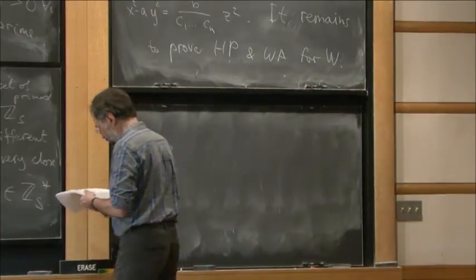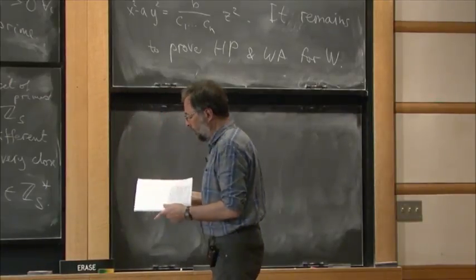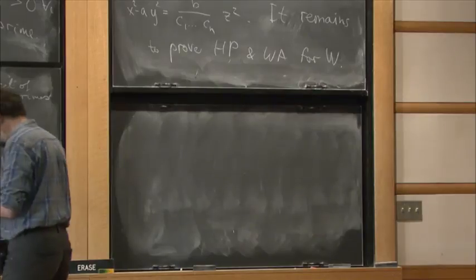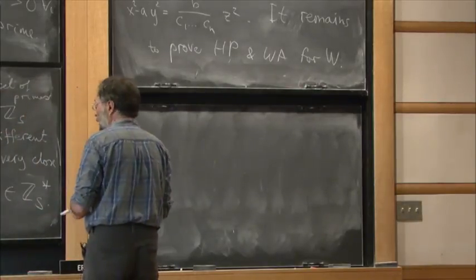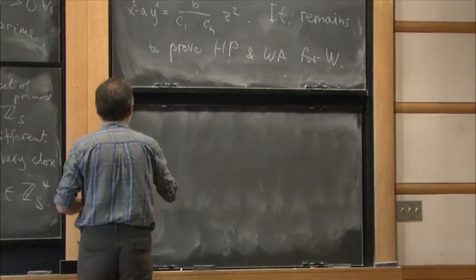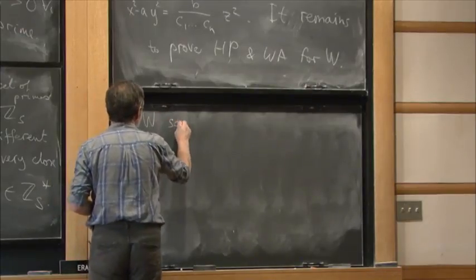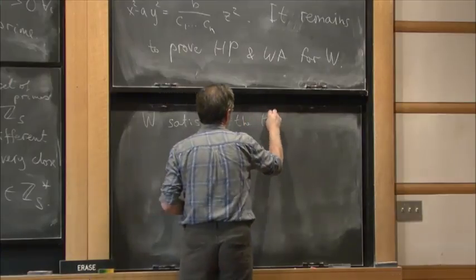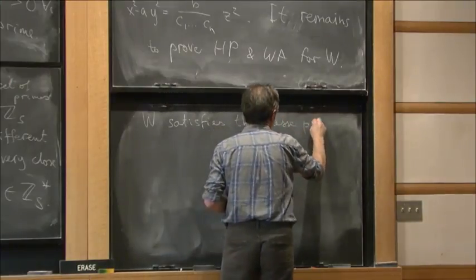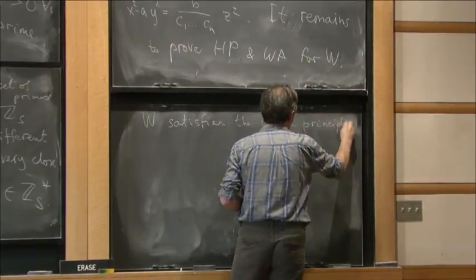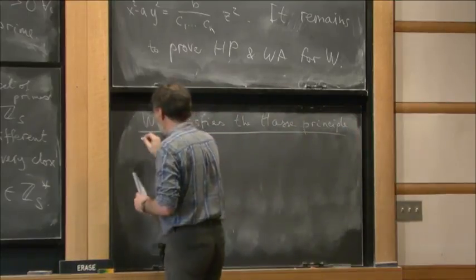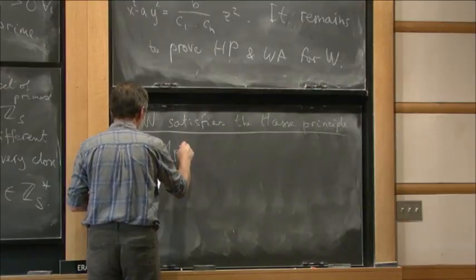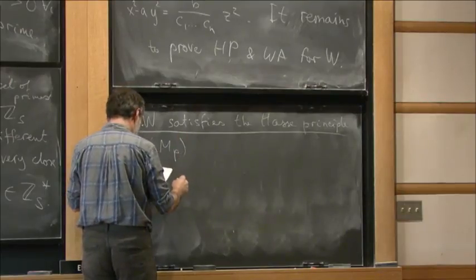Okay, so now the proof that W satisfies the Hasse principle is, in fact, not hard at all. We start with some periodic points and the real point.